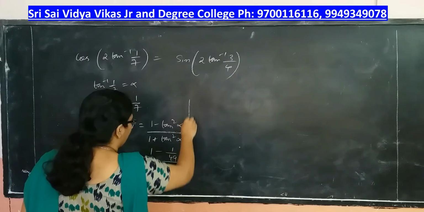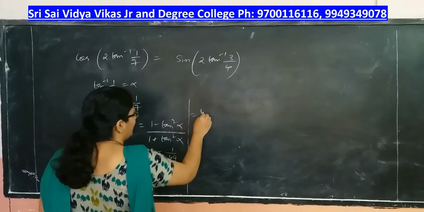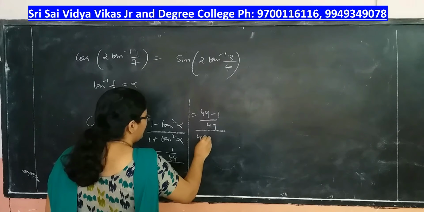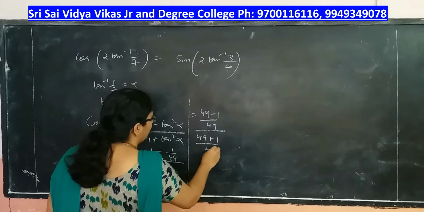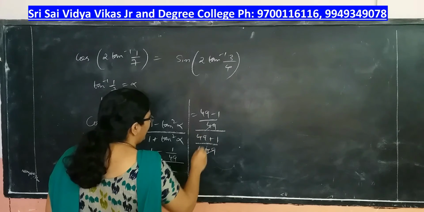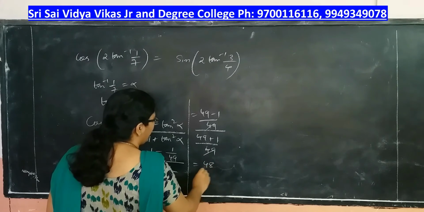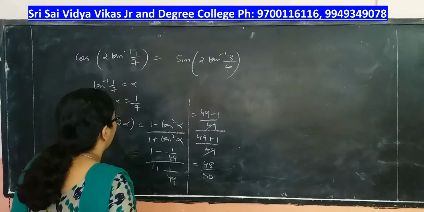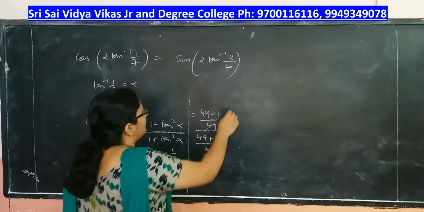So this is nothing but 49 minus 1 by 49 by 49 plus 1 by 49. 49 cancel, this will be equal to 48 by 50. So cos 2 alpha will be 48 by 50.